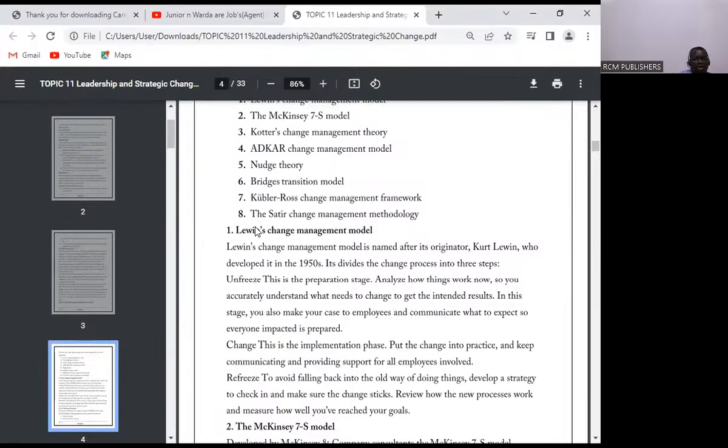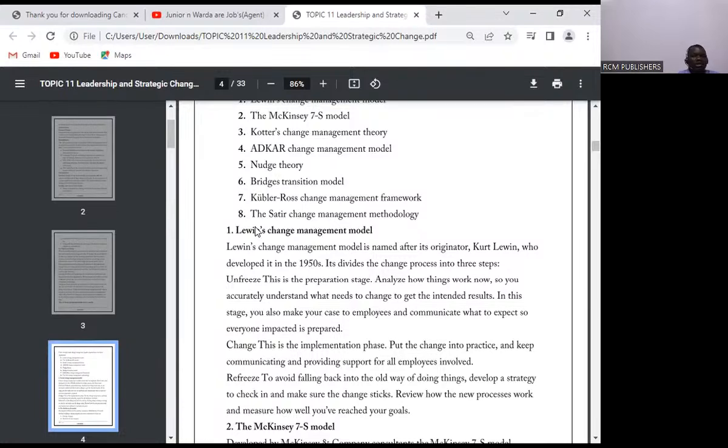So we need to look at a way on how we can look away from such a bad culture or bad perception that has been affecting the company for a longer period of time. Then you will sit down and develop the change strategy.